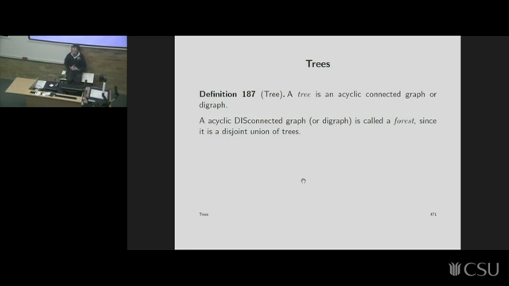A tree pretty much is a graph which is connected and acyclic. If we have a graph that's acyclic only but not connected, then that's pretty much a disjoint union of several trees, and so we call it a forest. Acyclic means there's no loops. It also has lots of strong properties, and therefore they're useful in many data structures.